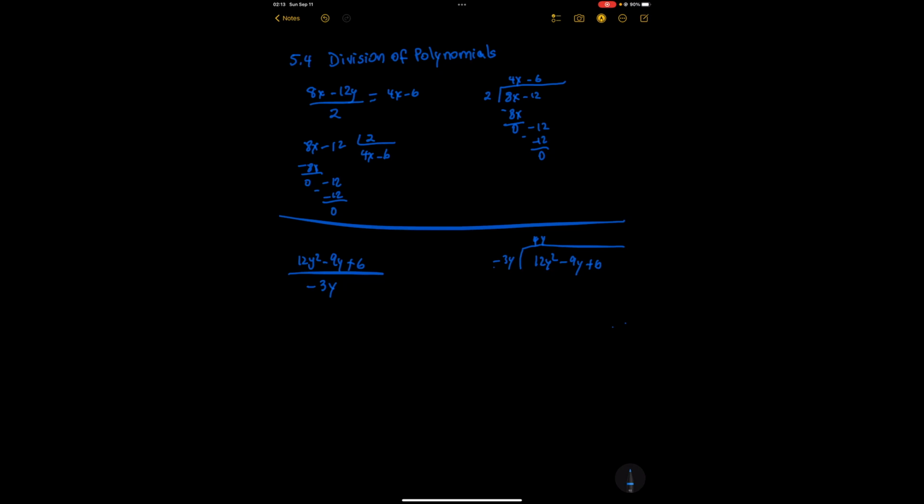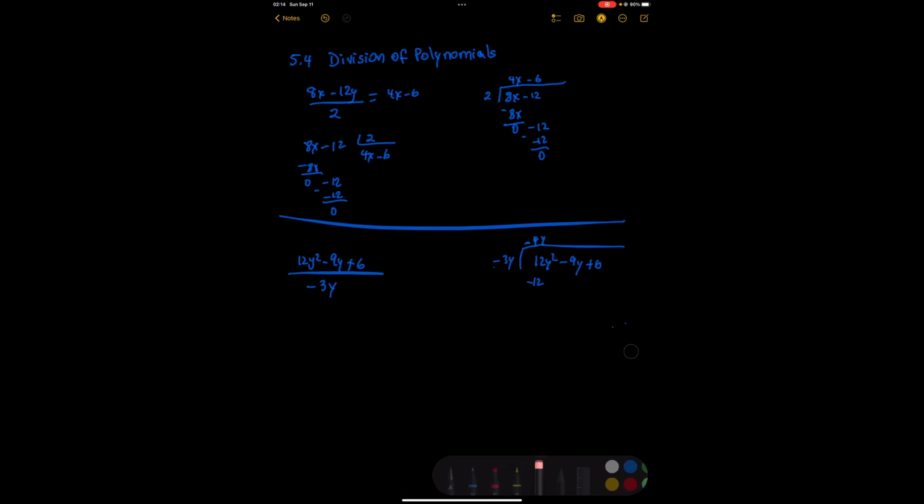Now, what will be the sign of that? Well, we have to multiply 3 by a negative 4 to get 12, right? Yes. So then we have negative 4y times negative 3y, that will be equal to negative 12y. No, that's my bad.